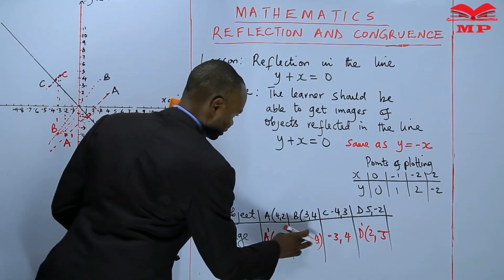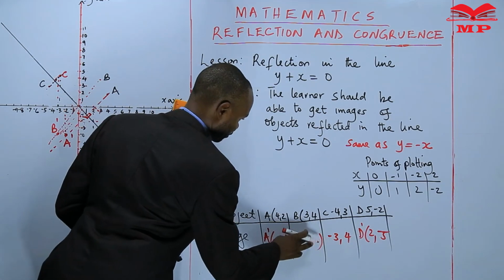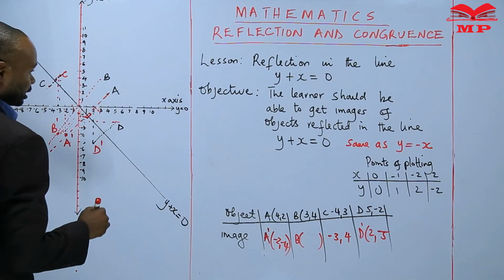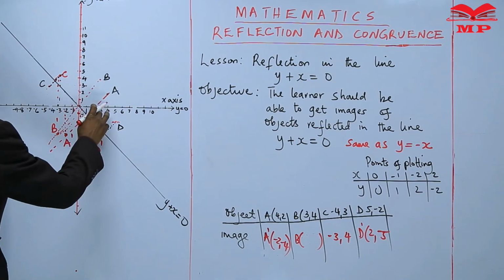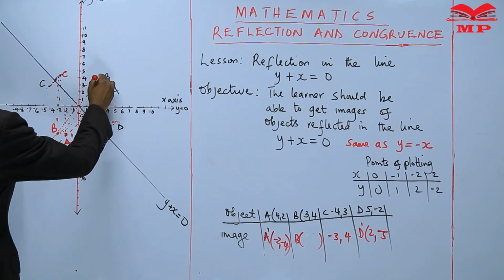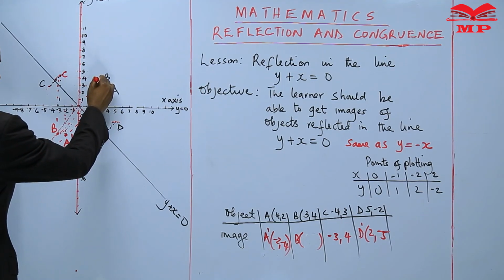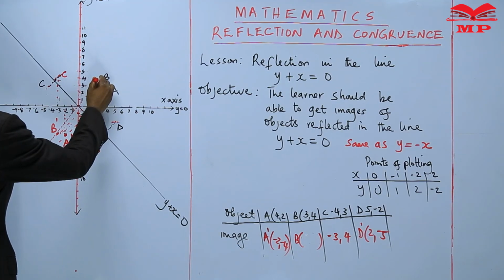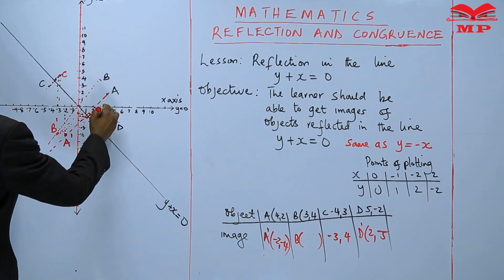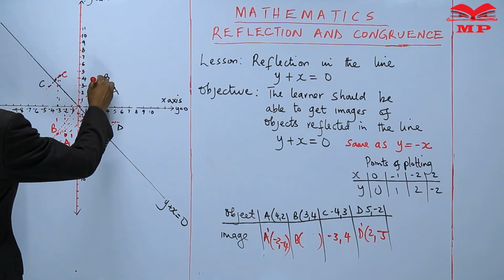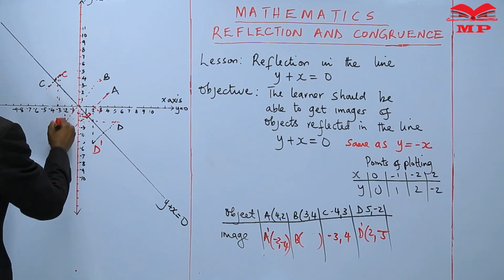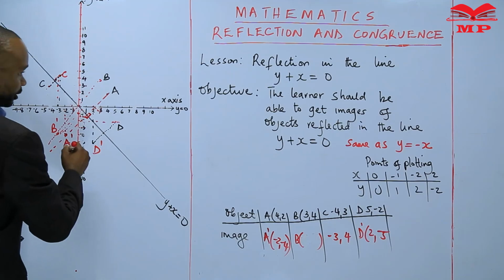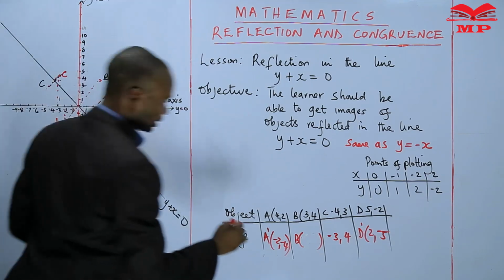Let's check the second one. 3, 4. That is B. We should get negative 3 for B, 3, 4. We reflected: negative 3, negative 4.